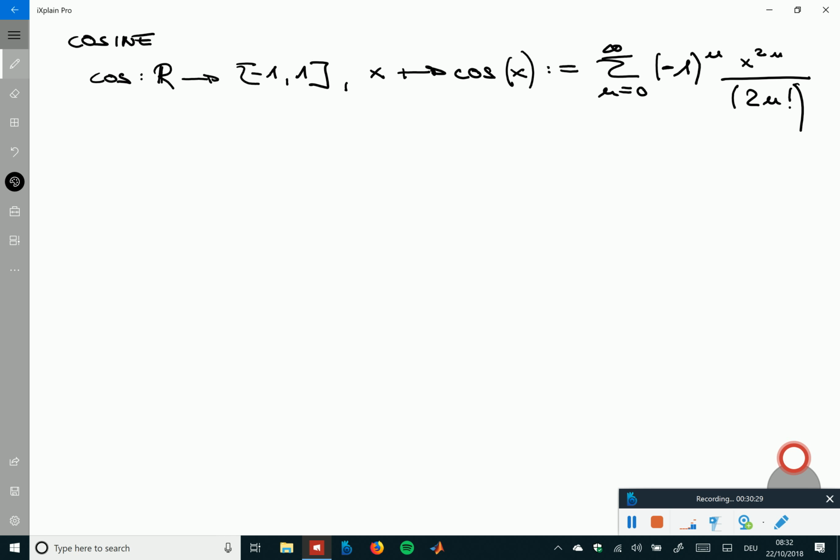I mean, it still is a series. It goes from n to infinity. The x goes in, the x is taken to a power, and it's divided by a factorial. And you have, in addition, this factor here.